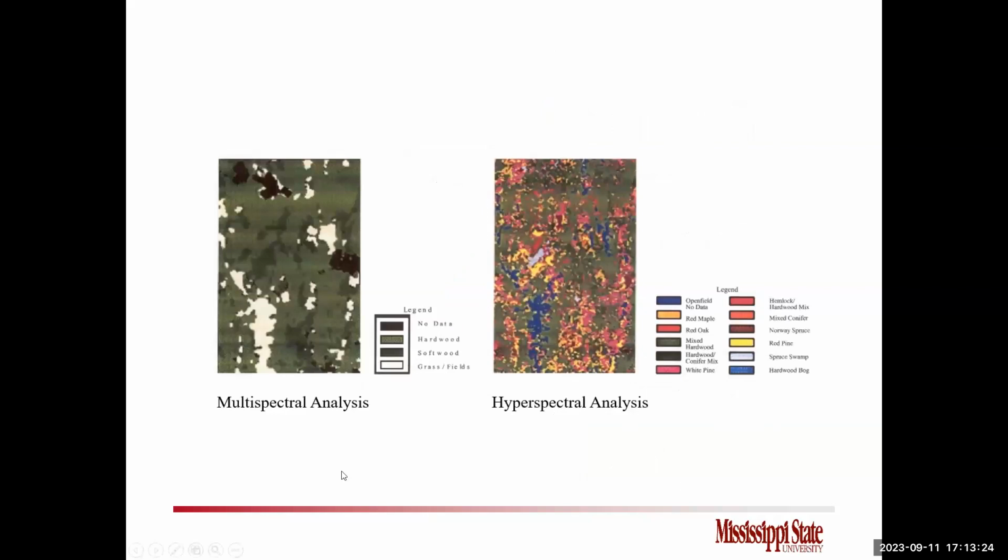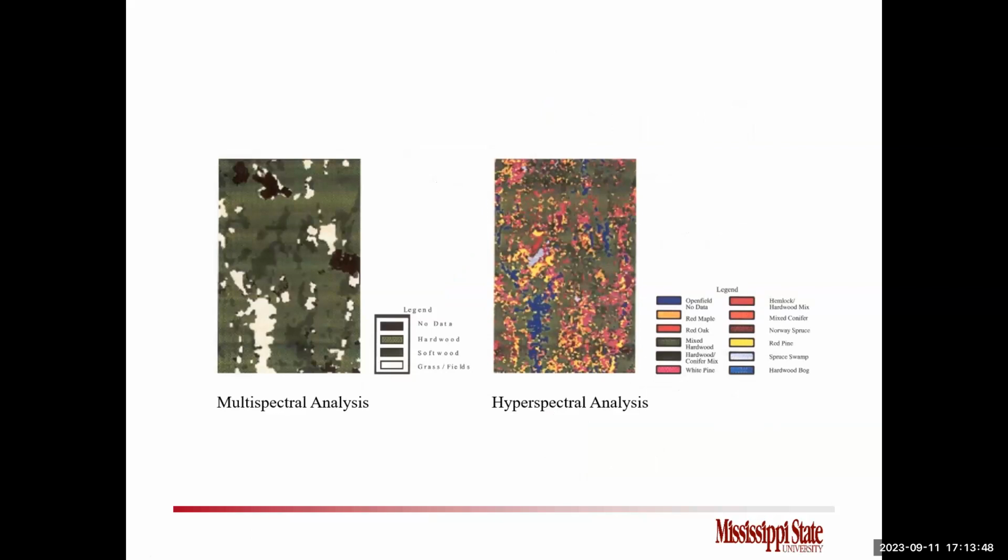This also shows the advantages of HSI. For the same forestry area, using the hyperspectral image, we can do very detailed classification of tree species. But if we use the multispectral image, we can only do very broad classification.